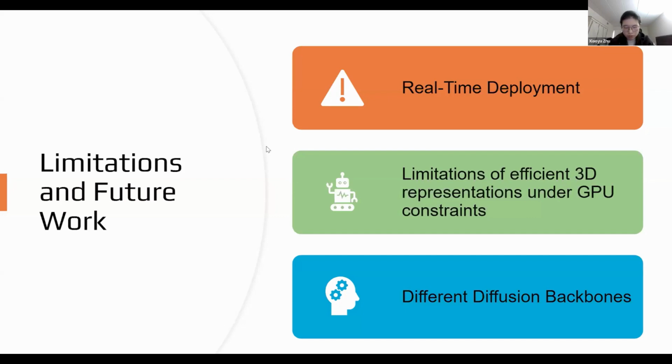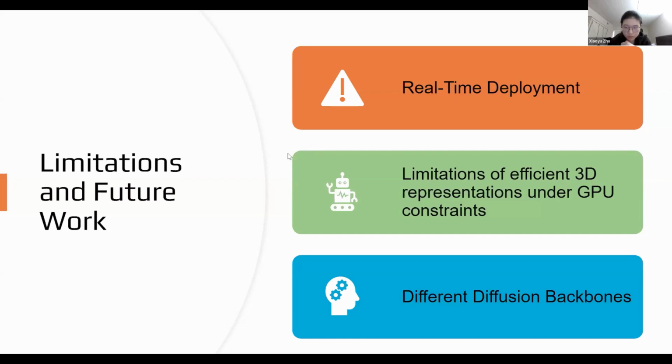So one way is to leverage the transformer-based backbone, which means we can apply different optimization methods for transformers, such as KV cache and flash attention. In this way, we may be able to achieve real-time inference speed.